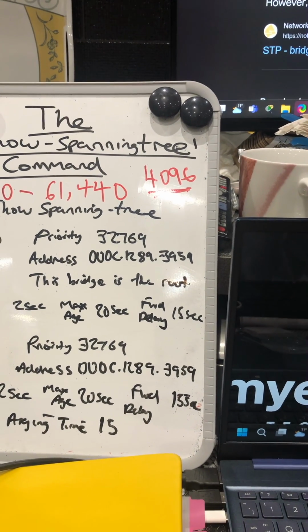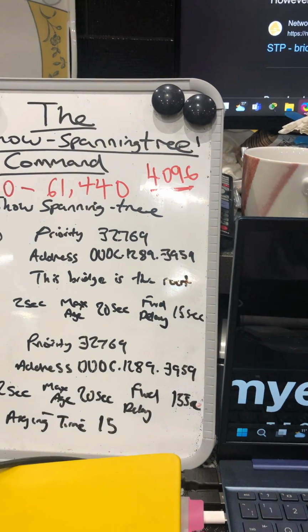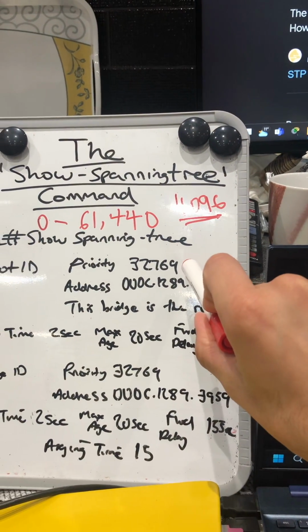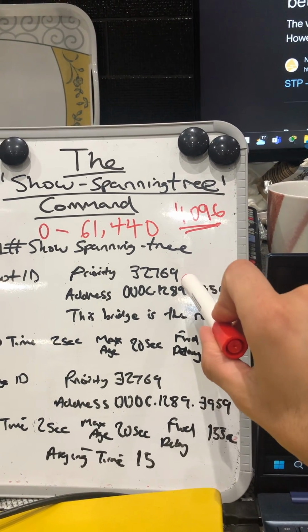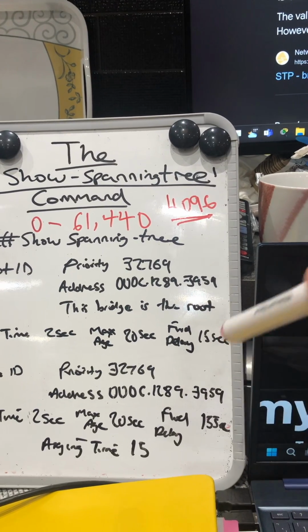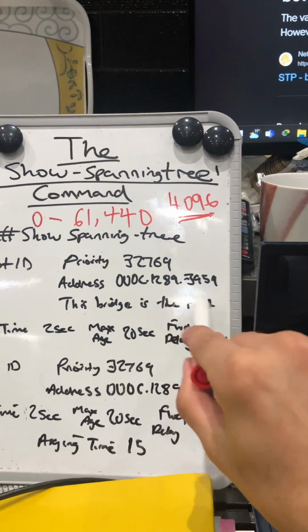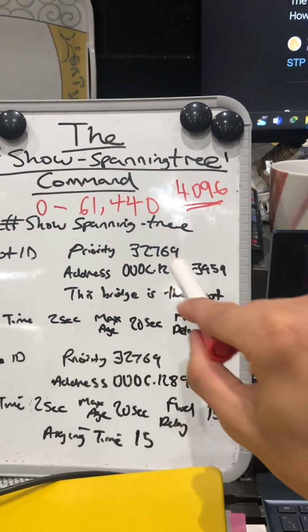The priority will include the system extension ID. In this case, there is no system extension ID, that's why it's not written in. But if it was for rapid spanning tree, there would be a system extension ID.